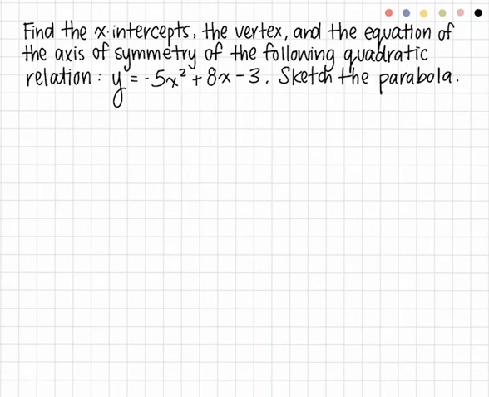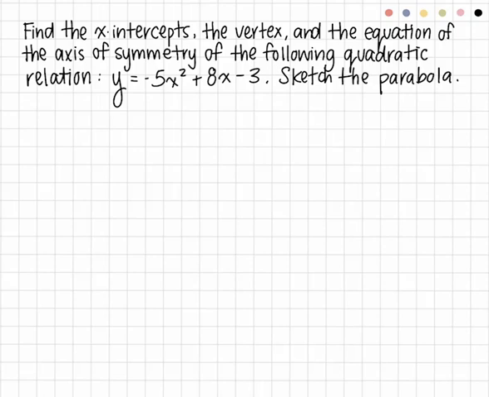Okay, so we're going to do another example where we're not just using the quadratic formula to find the solutions, which are the zeros. We're actually going to use it to find the vertex as well, the equation of the axis of symmetry, and then we're going to sketch it.